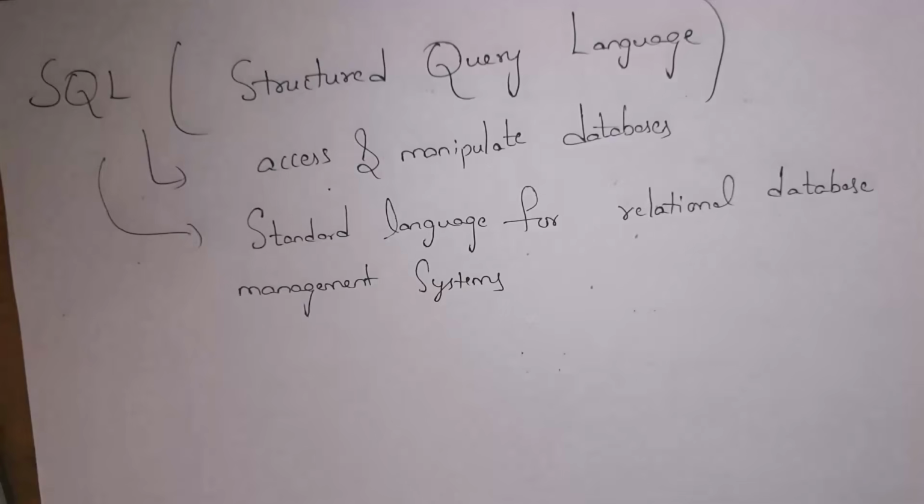RDBMS is nothing but a relational database, where data is stored in the form of tables. Simply by using SQL, we can communicate with a relational database. By using SQL, we can execute queries, and also we can retrieve data from the database. We can insert records in the database, we can update records, we can delete records, as well as we can create a new database, and also we can insert tables inside the database.